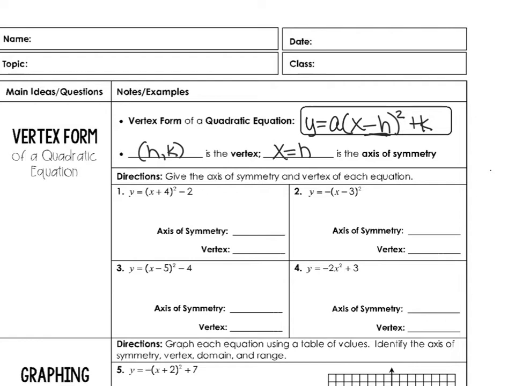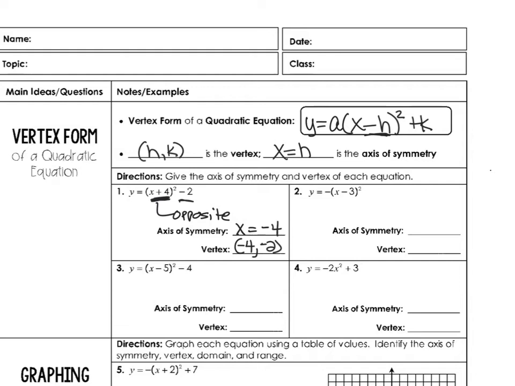And since it said minus, we take the opposite of this, and that's going to be our x. It's also our axis of symmetry, so it'd be -4, and our vertex will be -4, and then this is our y. So with vertex form, you don't have to do any plugging in numbers or anything like that. It's all right there in front of you in the equation.